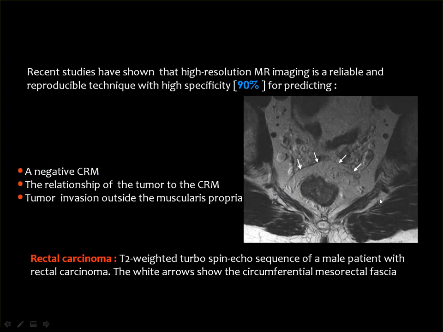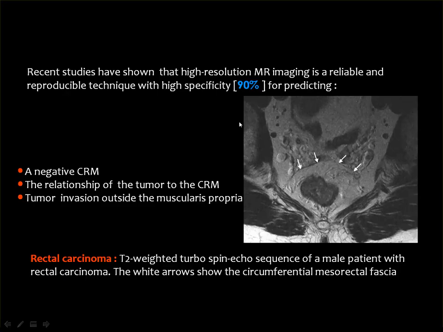And this is a tumor of the rectum that has extended beyond the rectal wall. But this image is just to show the mesorectal fascia and to show that there are no mesorectal lymph nodes around the tumor.